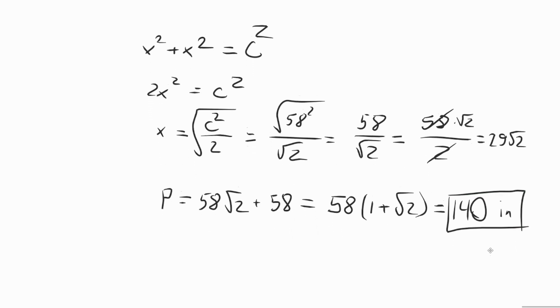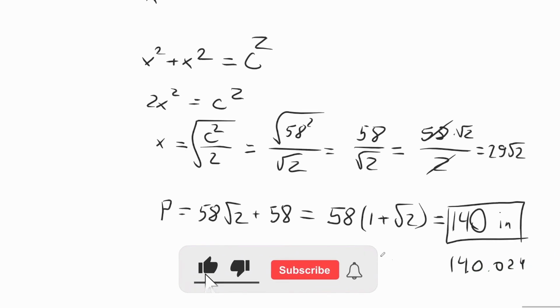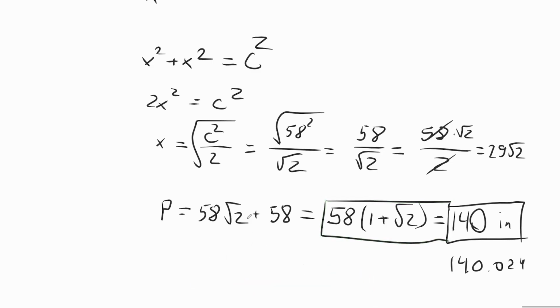To be more accurate, it's 140.024 and so on. So this is the answer. This is the perimeter of this isosceles triangle.